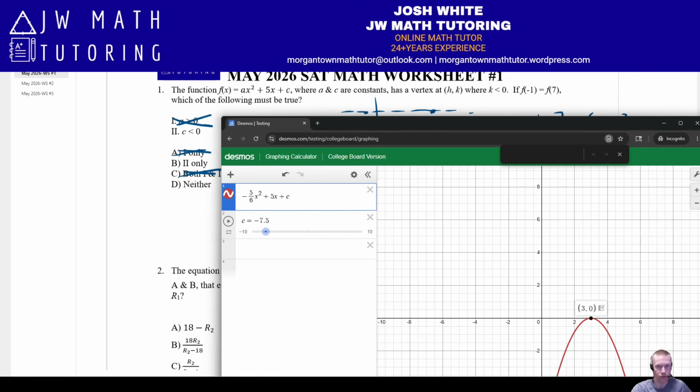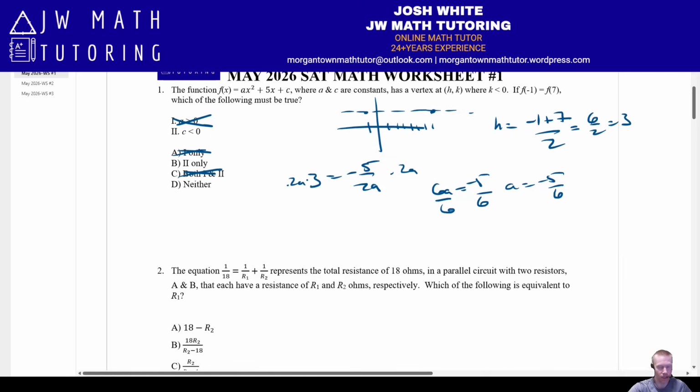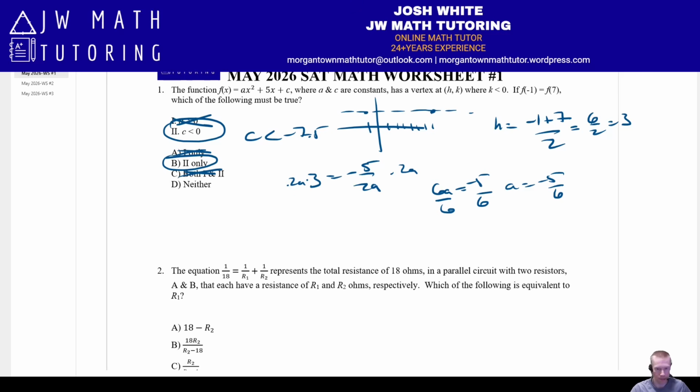So, therefore, c does have to be less than 0. This is true, that c is less than 0, because technically it has to be less than negative 7.5. Therefore, the correct answer is B.